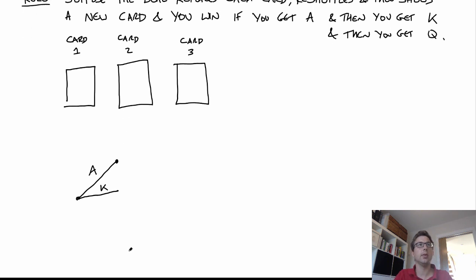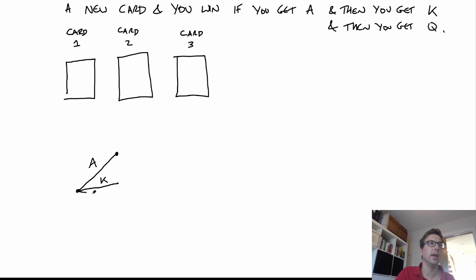Or, alternatively, I could be shown for that first card a queen, or a 4, or a 2. So ace, king, queen, 4, or 2. There's 5 things that can happen out of that first card. Now look at the second card.